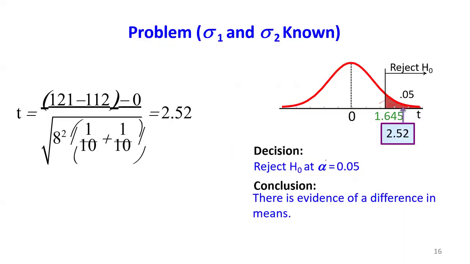As the probability is less than 0.05, you can conclude that mu1 is greater than mu2. You have rejected your null hypothesis.